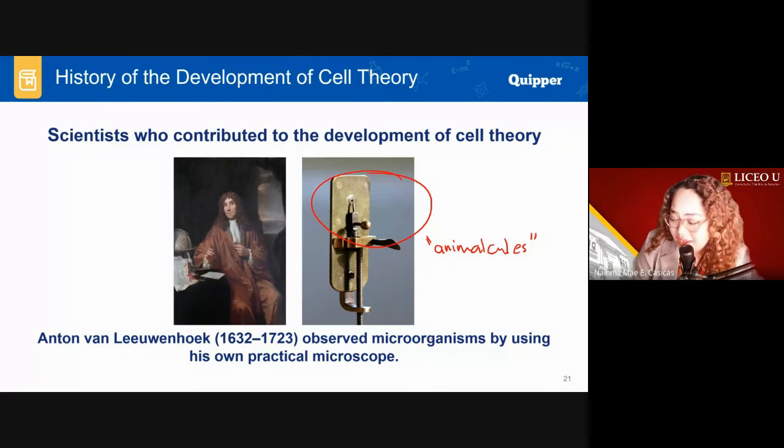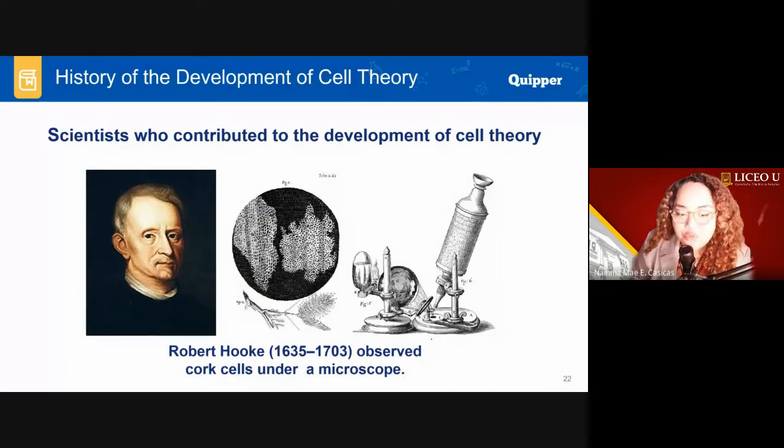And then Antoine had a friend, a contemporary, saying: look at my discoveries, I discovered animalcules. His friend was Robert Hooke. He was saying: friend, look, amazing things I discovered under the microscope.